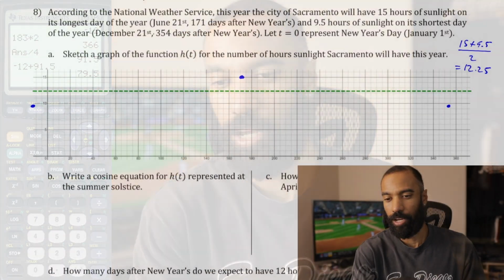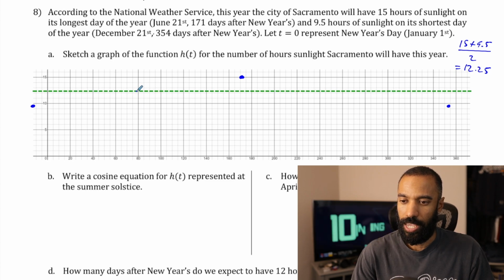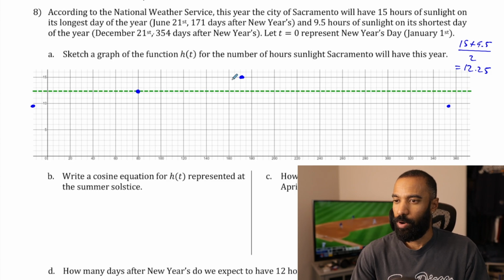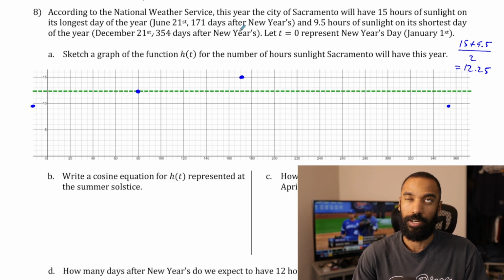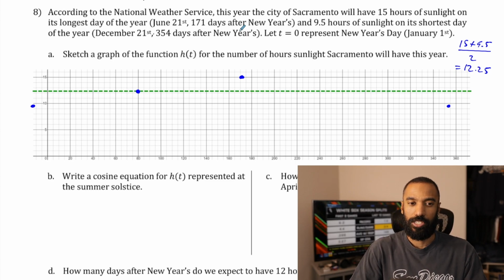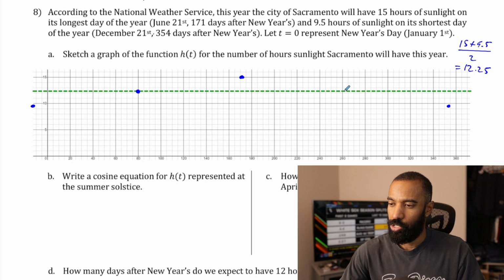So I'm going to plot a point on the midline at 79.5, really close to 80, about right there. And then another 91.5 over from 171 is 262.5, halfway between that number and 5 right there.